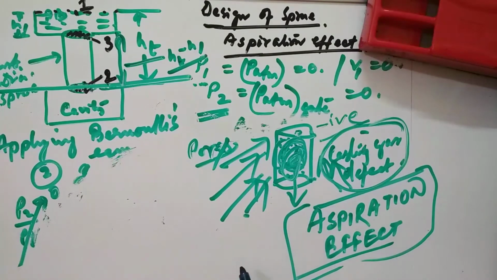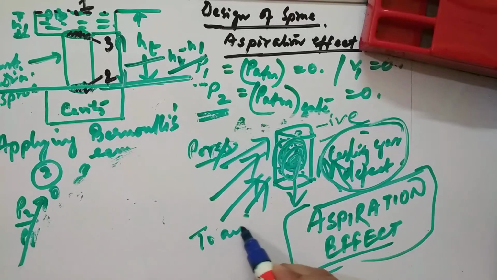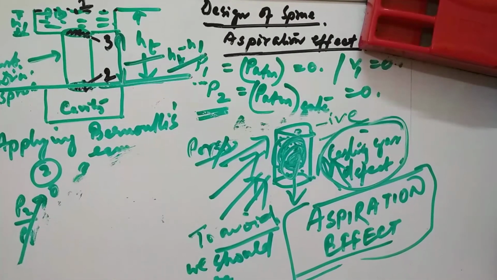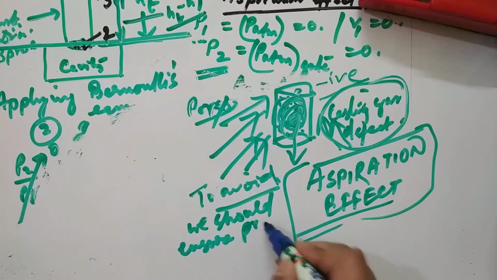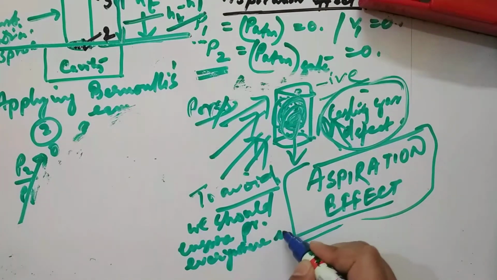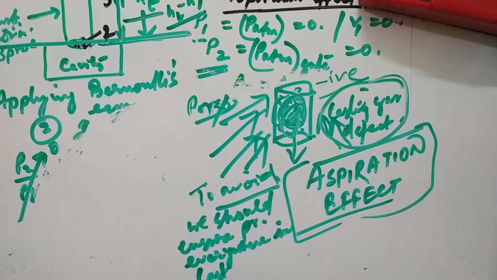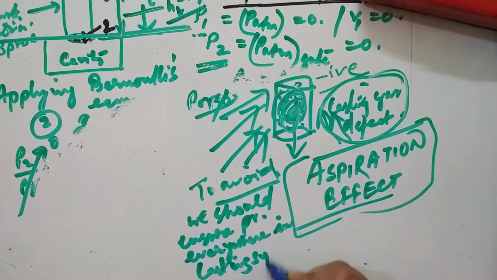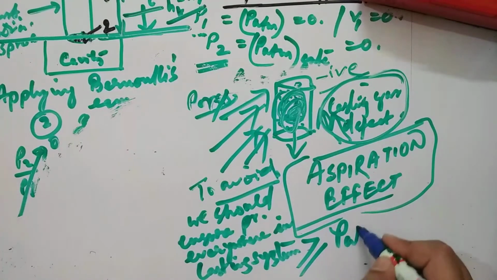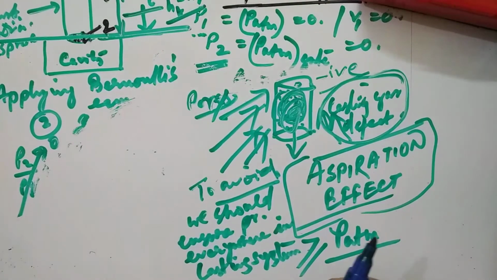So what is the remedy? To avoid this aspiration effect, we should ensure that the pressure everywhere in the casting system should always be greater than or equal to P atmospheric, that is atmospheric pressure.